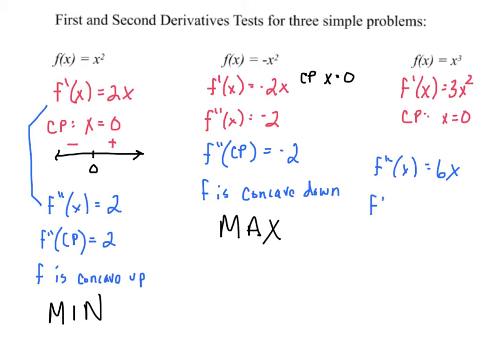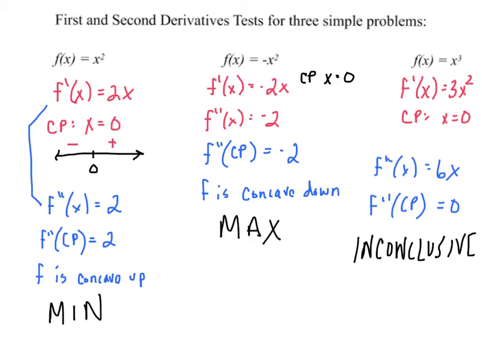So when I evaluate the second derivative at that critical point, I get 0. Now it's tempting to look back at this and say, well, here I got a positive, so it's concave up. Here I got a negative, so it's concave down. Here I get 0. This was a minimum, this was a maximum, this must be neither. We don't know. This is what's called an inconclusive test.